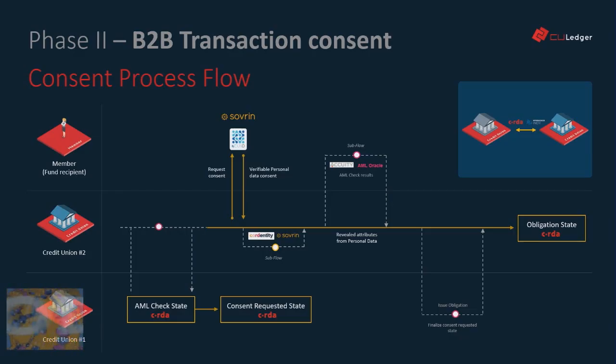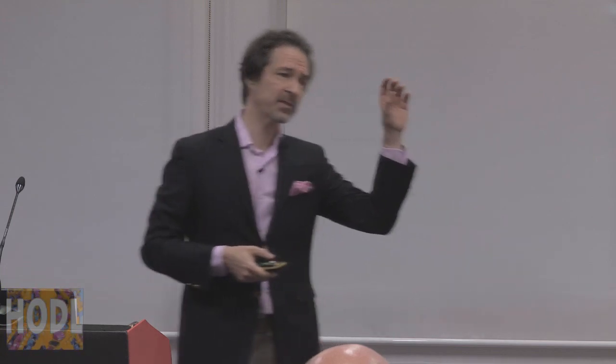Credit union 2 is connected to the same, of course, Corda network. They get an alert that the AML check state is in progress, and that will trigger a subflow on their side, basically talking to this identity wallet, right? An identity wallet will be represented by an agent, right?